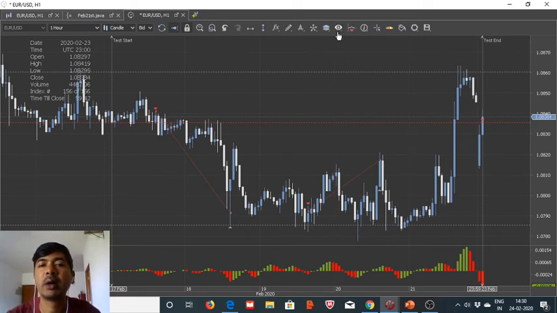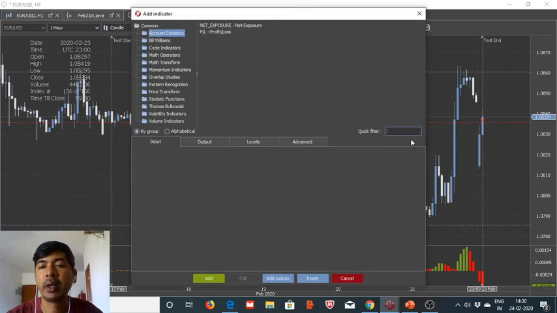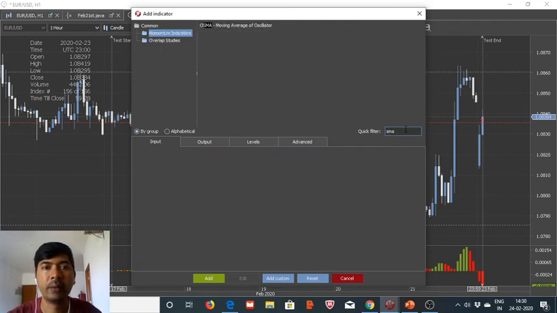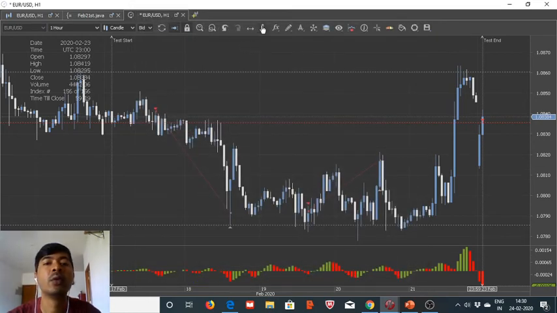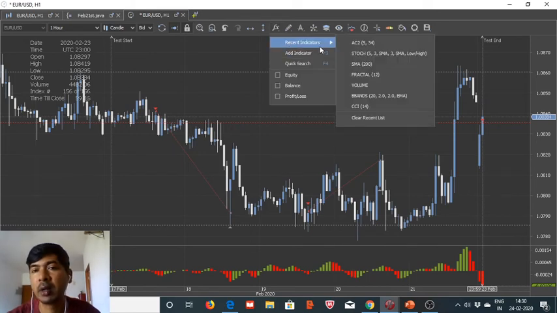And we will add an SMA indicator. I think no, we will need to pick it up from recent indicators. Yeah, recent indicators. SMA is here.